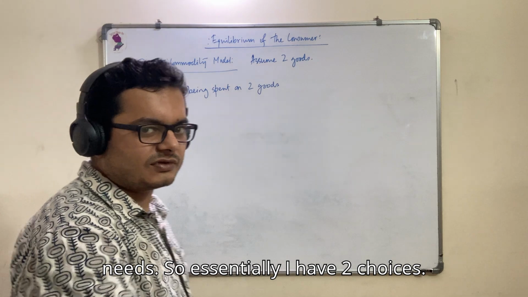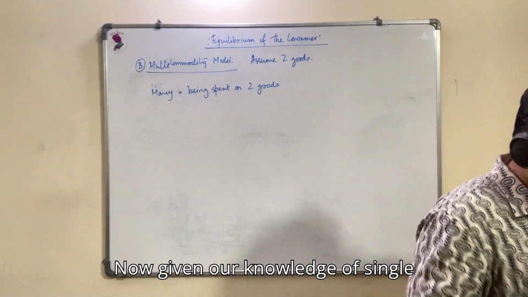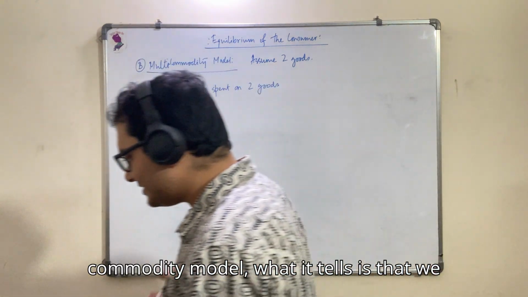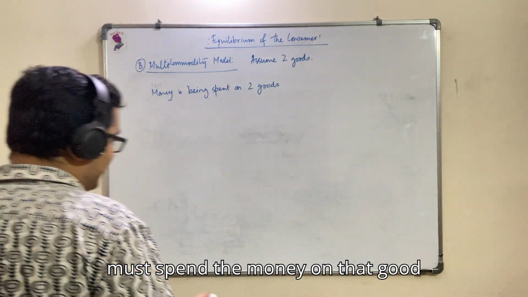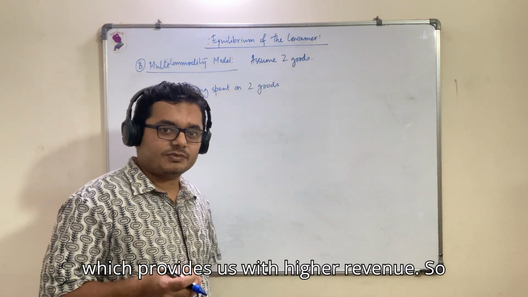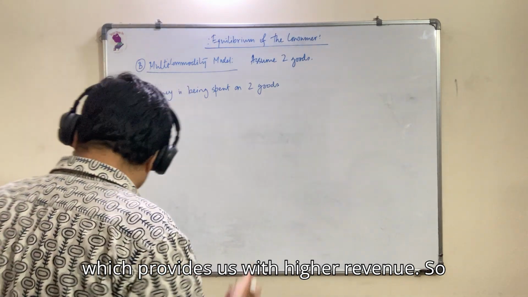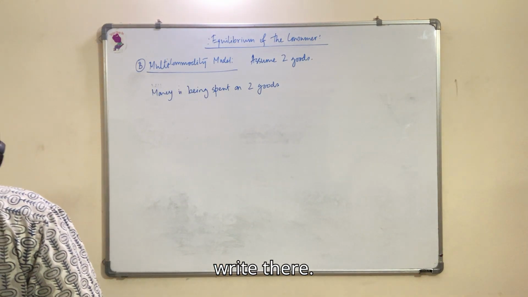So essentially I have two choices. Now, given our knowledge of the single commodity model, what it tells us is that we must spend the money on that good which provides us with higher MU. So this is exactly what we are going to write.